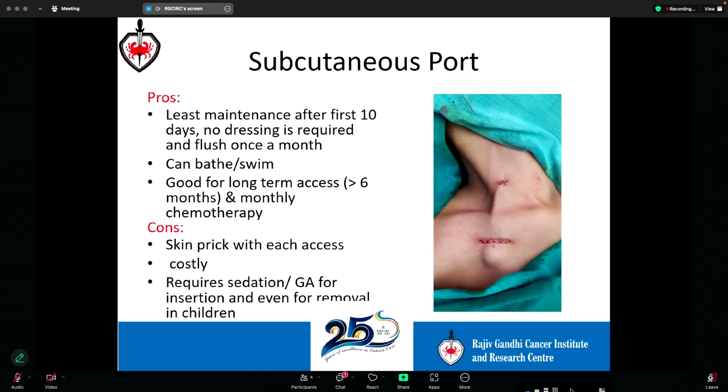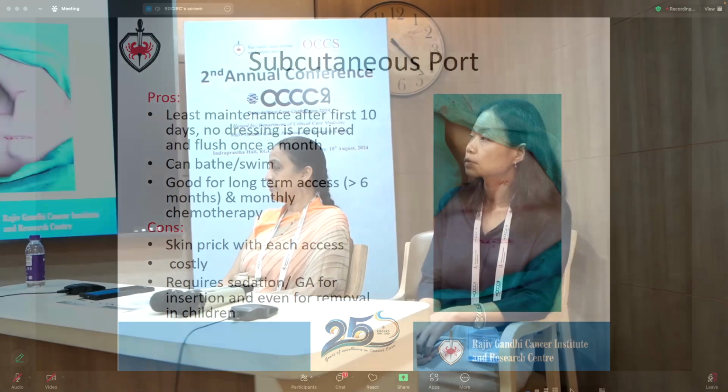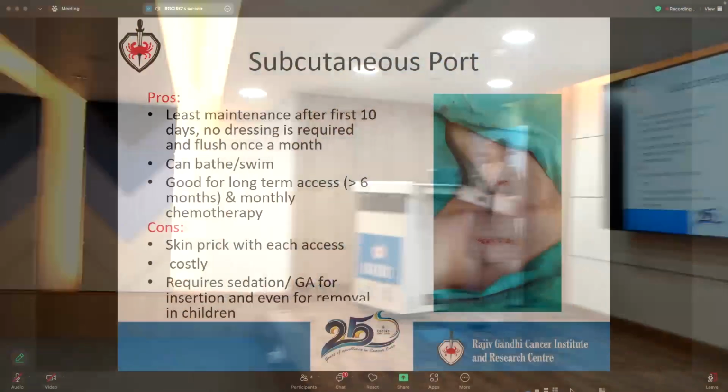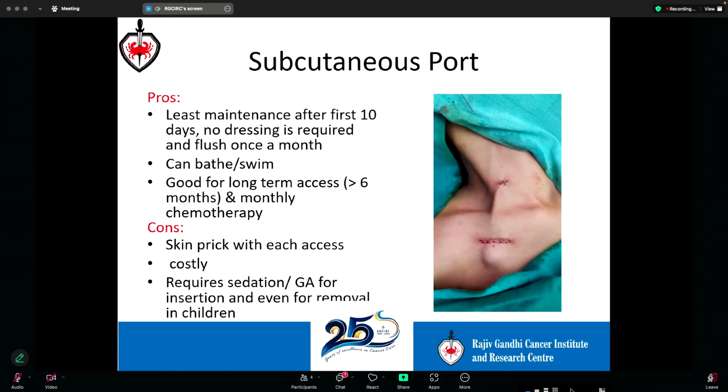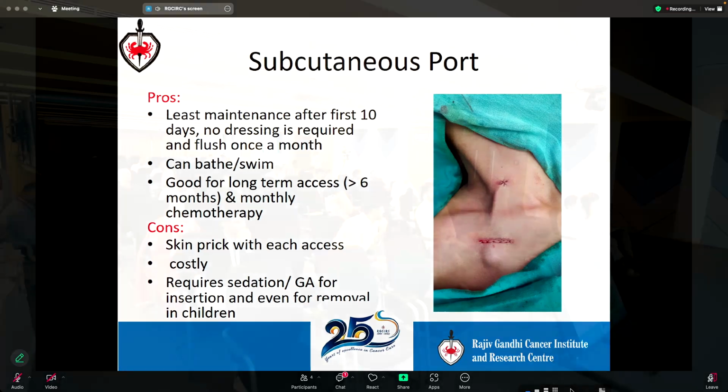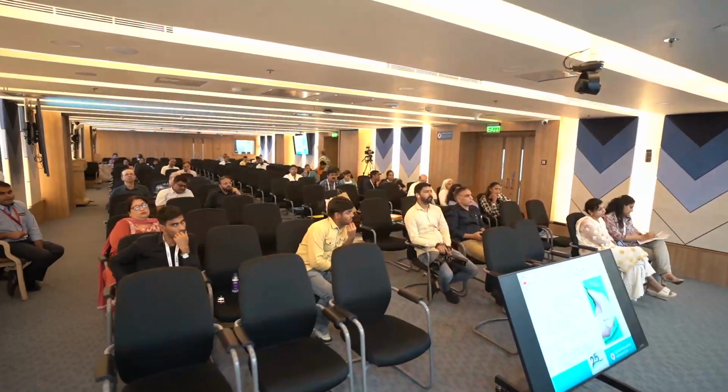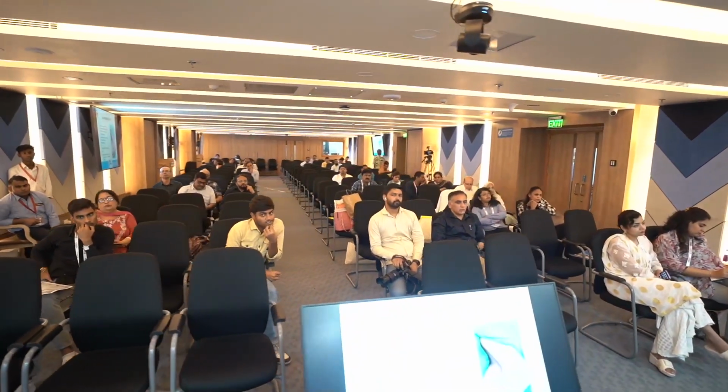It's very good for breast cancer patients, because on one side they have had a mastectomy and axillary clearance, so they have a lot of restrictions on that arm. They should not lift any heavy weight, they cannot give that arm for blood sampling, no pricks, and a blood pressure cuff cannot be tied on that hand. If you take the other hand and put a PICC line, then they have restrictions on that arm as well. So they feel very frustrated and psychologically upset.